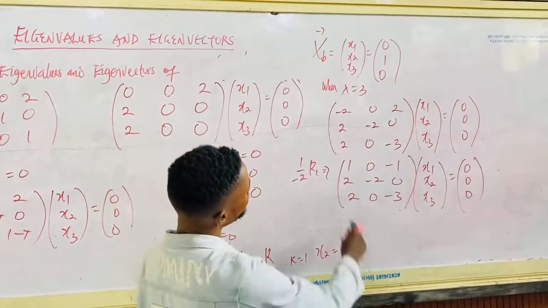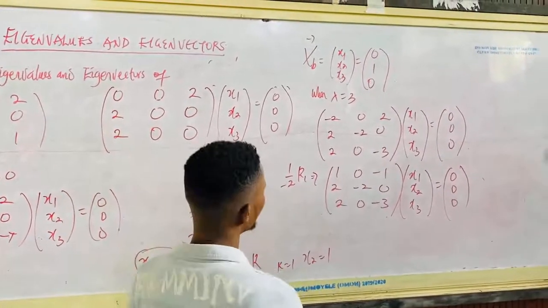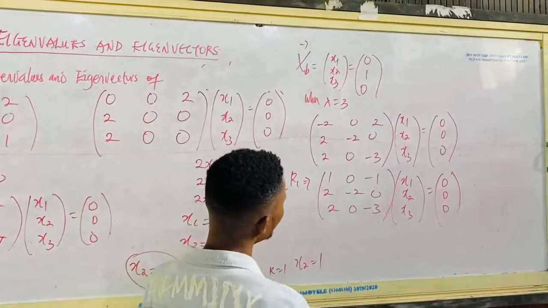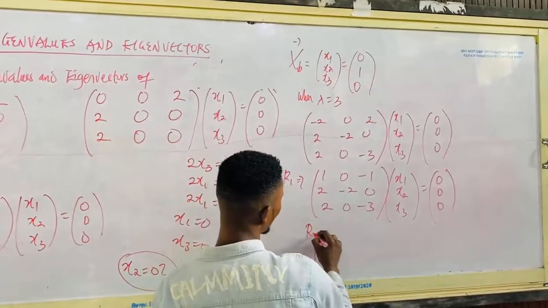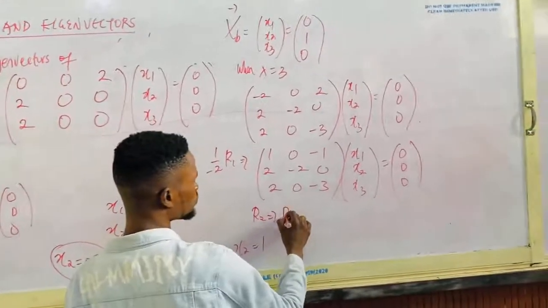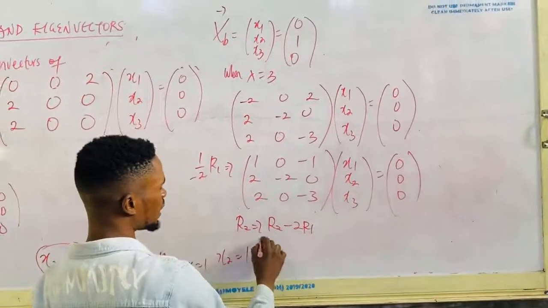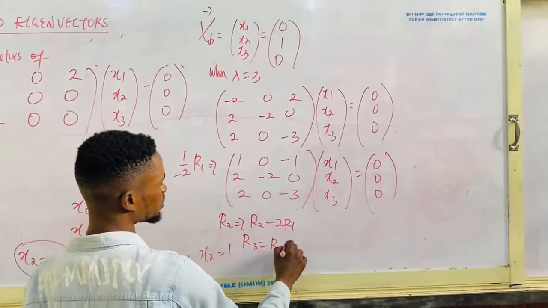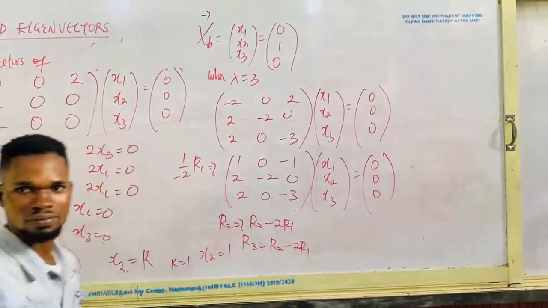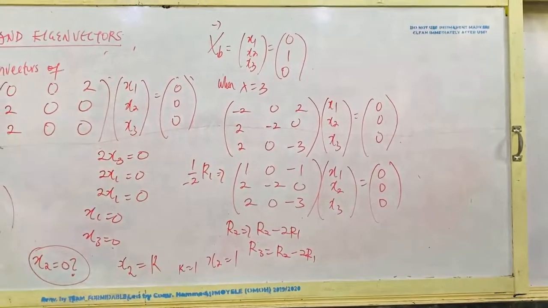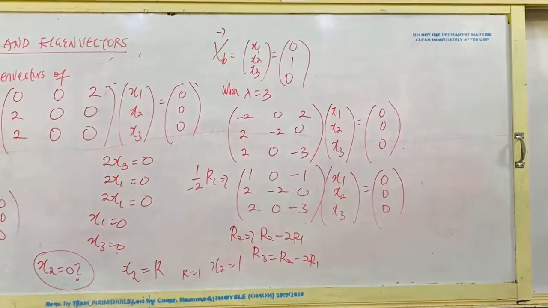So how do we turn this 2 to 0? R2 becomes R2 minus 2R1, and R3 becomes R3 minus 2R1.